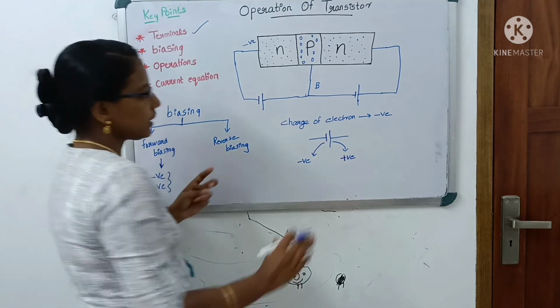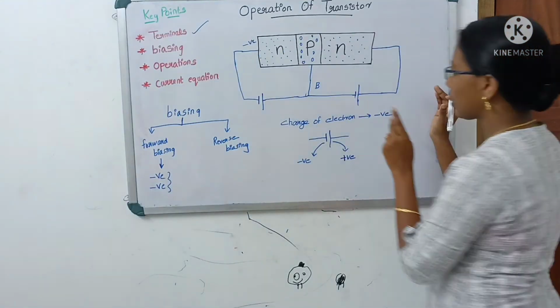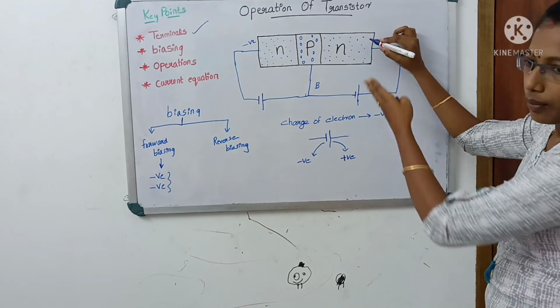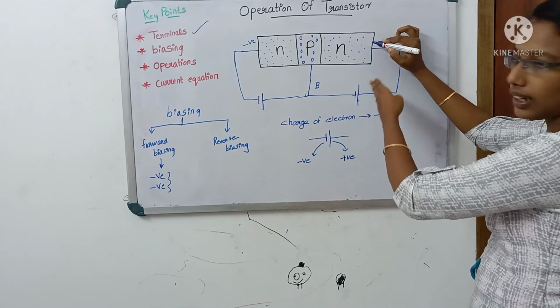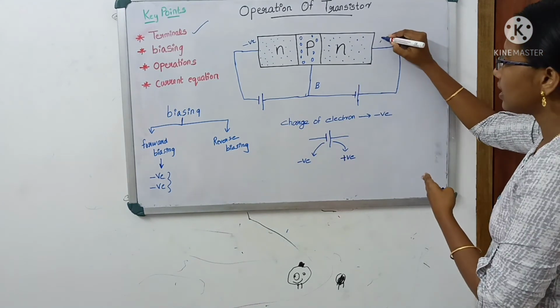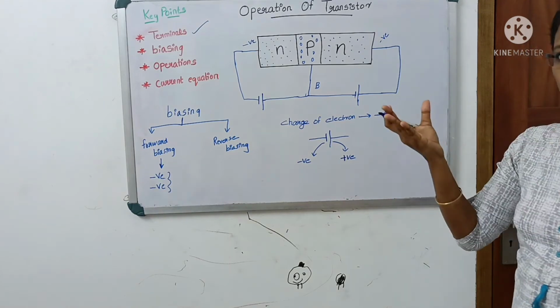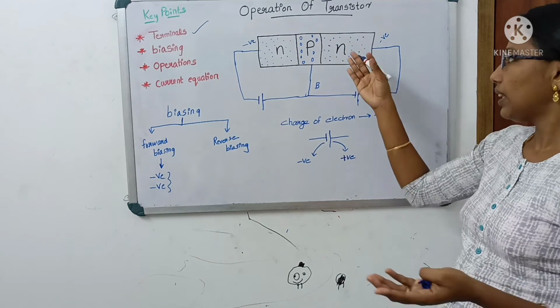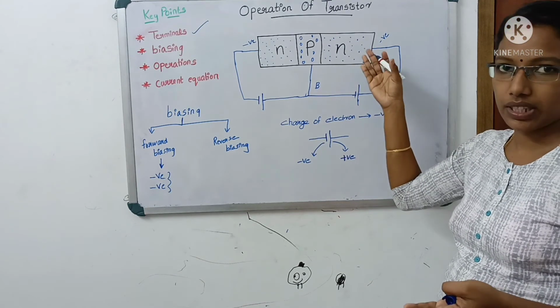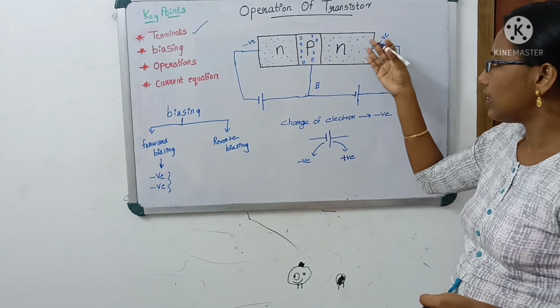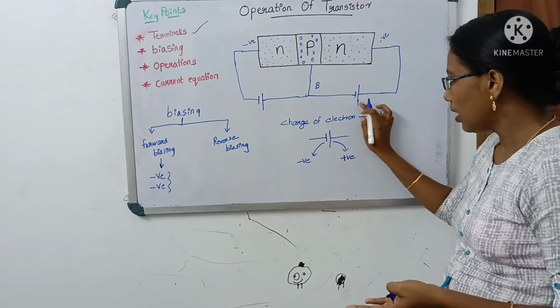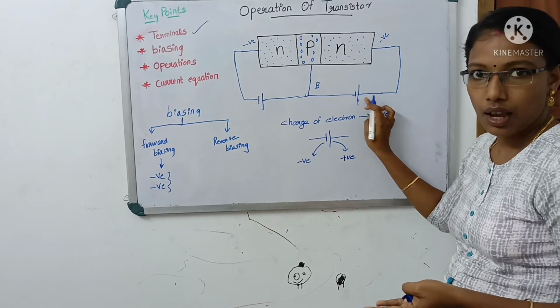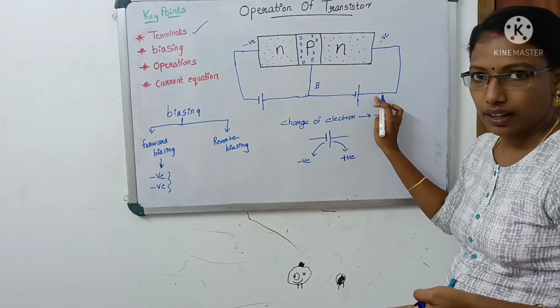And the next region, please notice that here it is negative. Majority charge carriers are electrons, so here it has a negative tendency. That means negative charge is here. Then the N type material is here, so the N layer is connected to which terminal of the cell? The positive terminal of the cell, isn't it?